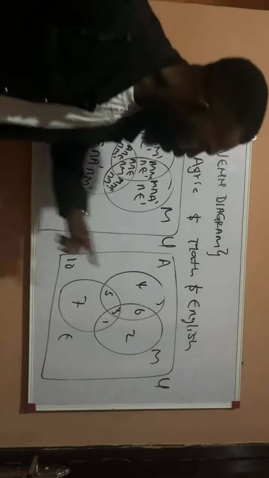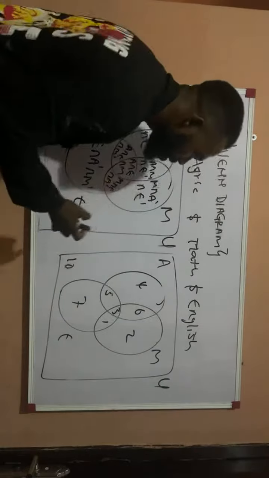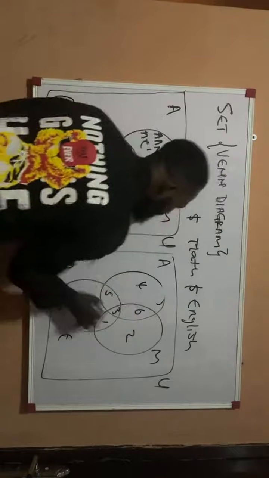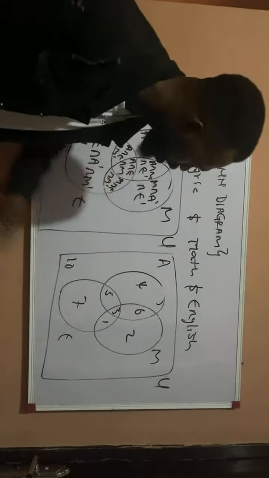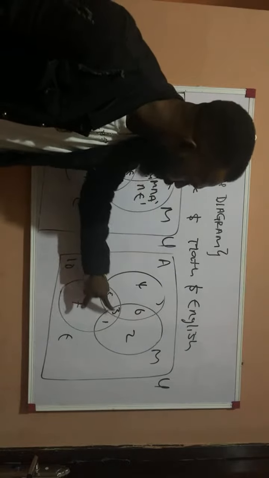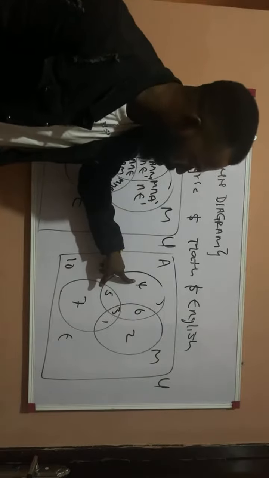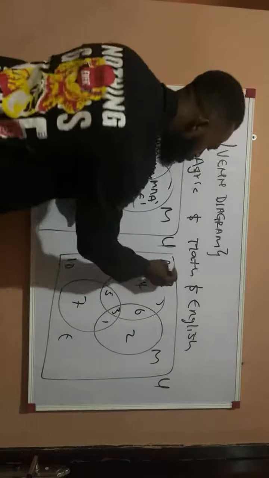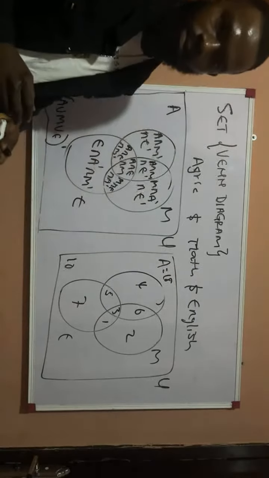So if I ask, what are the total numbers of students that offer Greek, it simply means you are going to add all the numbers inside the circle of Greek. The numbers inside the circle of Greek include 6, 4, 5, and 3. So if we add them up together, 6 plus 4 gives us 10, plus 5 gives us 15, and 3 gives us 18. So it means the total number of students that offer Greek is 18.